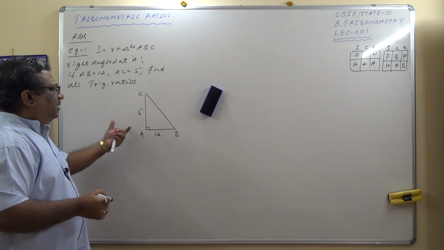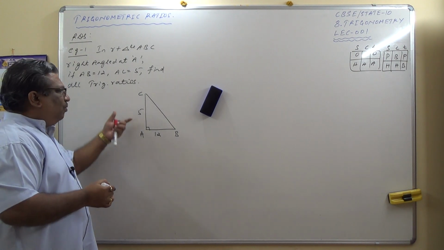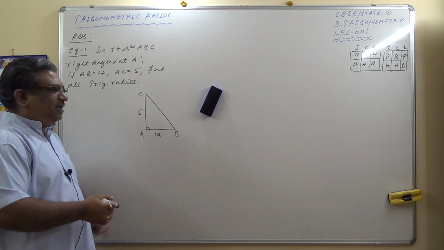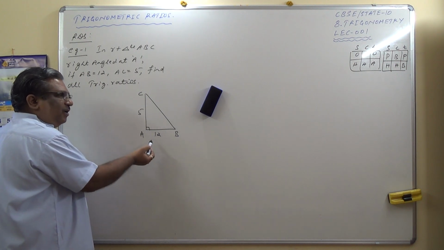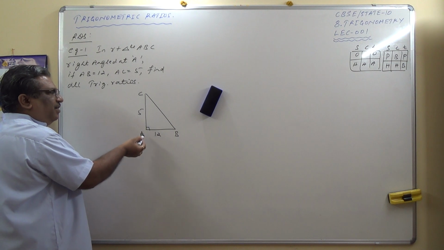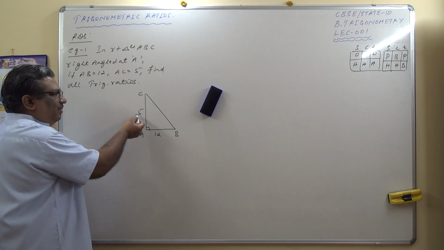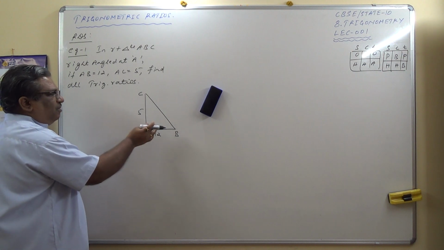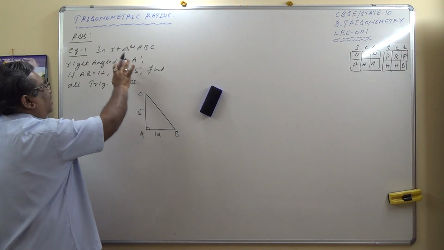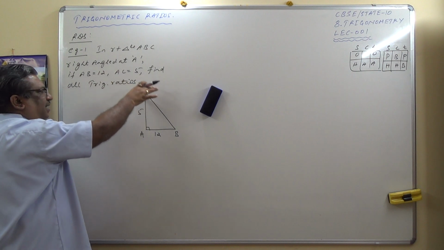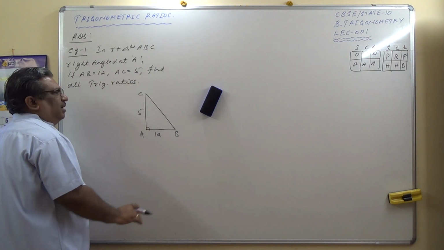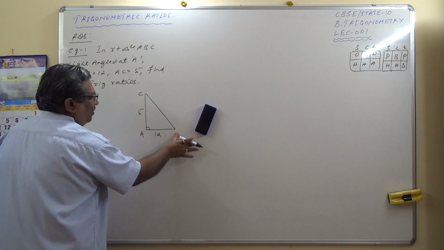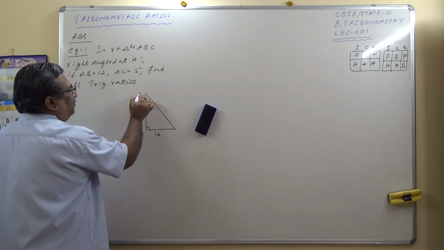Sometimes the diagrams will not be true according to the dimensions. Here AB appears smaller and AC bigger in the diagram, whereas the given information is the opposite. So in order to follow the given dimensions and a true representation, let me reverse B and C. See what happens now.